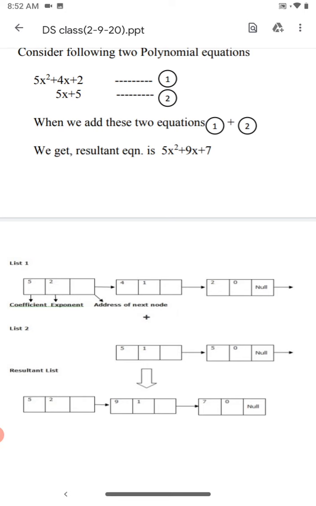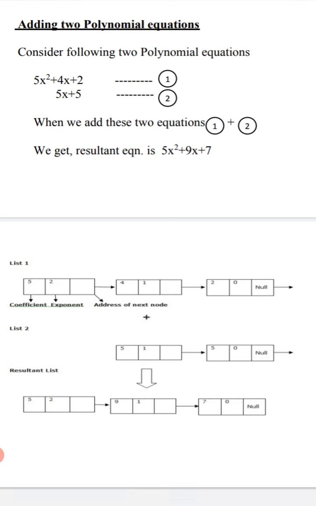Then the link part specifies the next node, the third node. The third term of the resultant equation is 7, that is 7 x power 0, so coefficient 7, exponent 0. Then for the last node, we specify the null value.